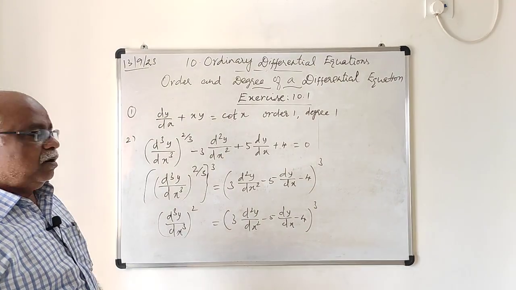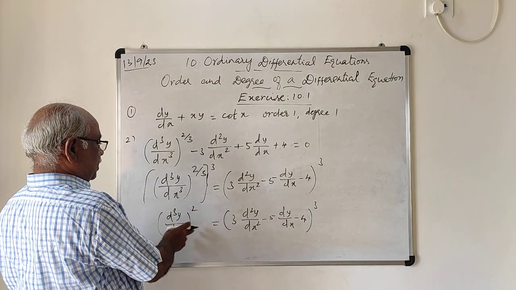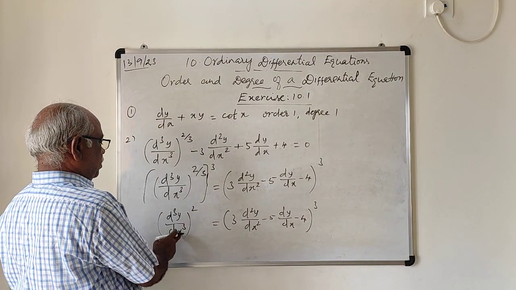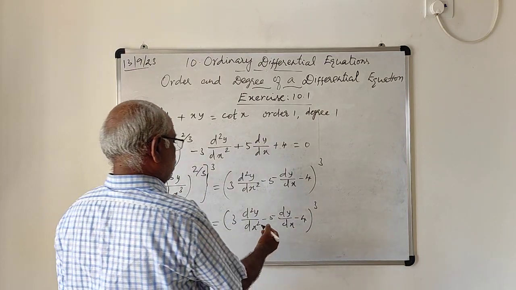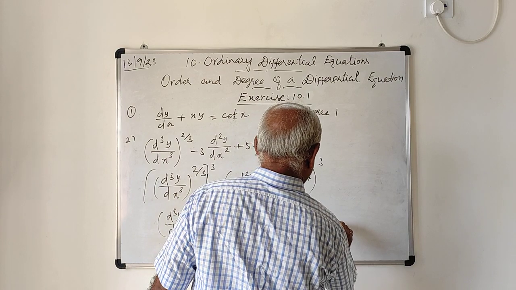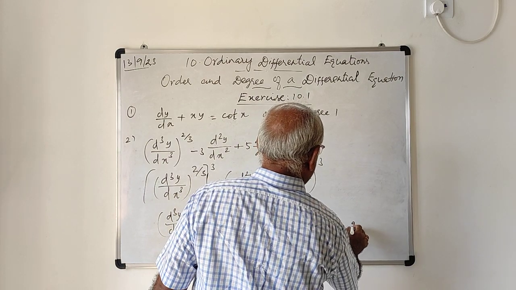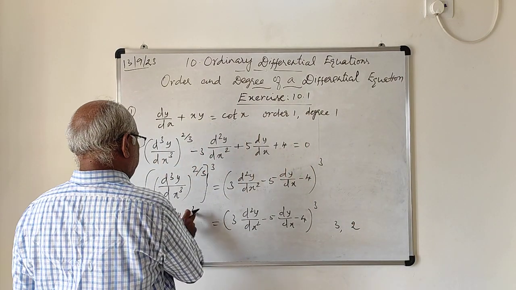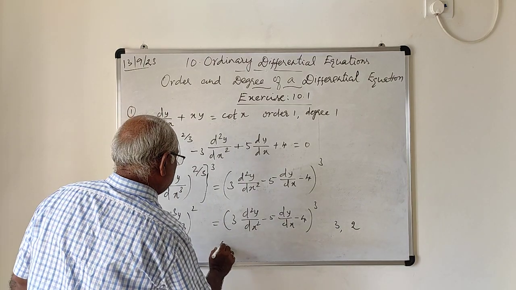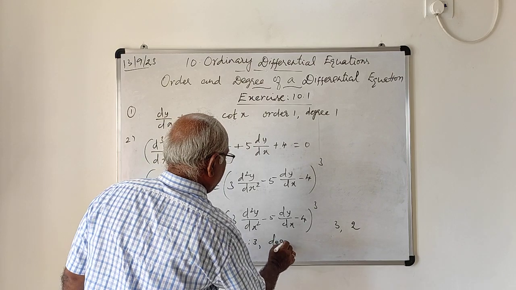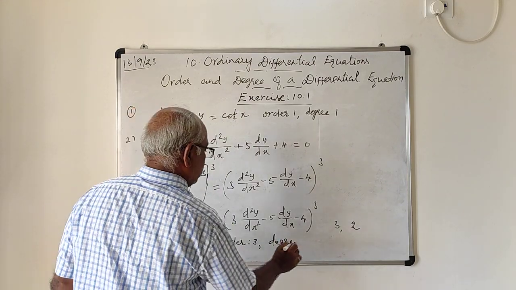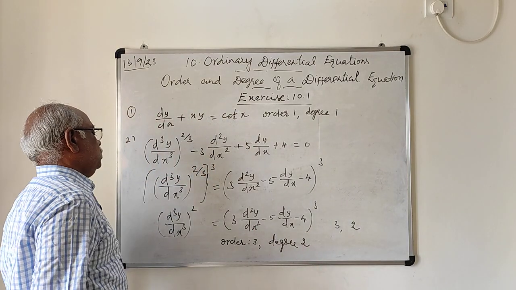By the definition, the order of the differential equation is given by the highest order derivative, d cube y by dx cube. The order is 3 and the degree is 2. Therefore, for this problem, order 3, degree 2.